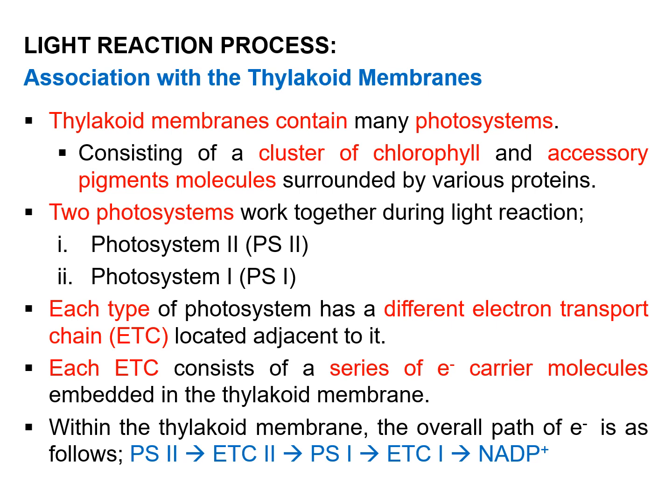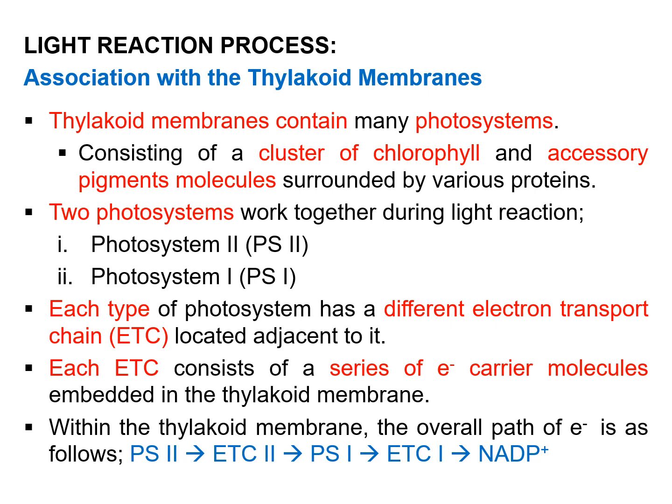Therefore, we need to know that in the light reaction process, specifically on the thylakoid membrane, there is a cluster of chlorophyll as well as accessory pigment molecules which work in two photosystems.